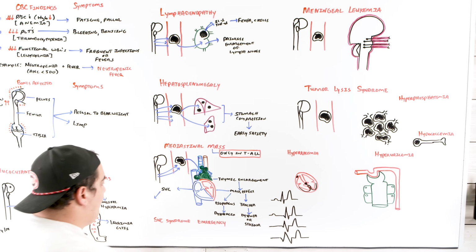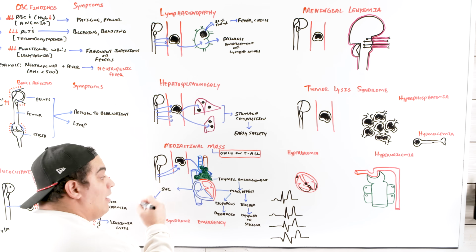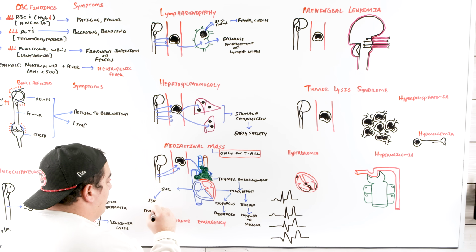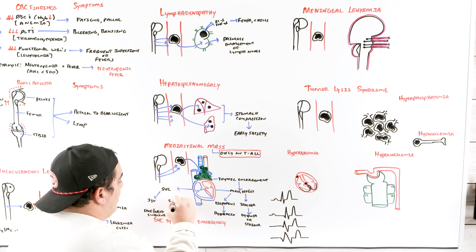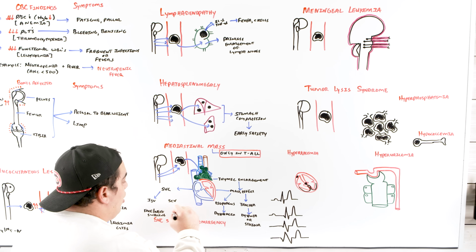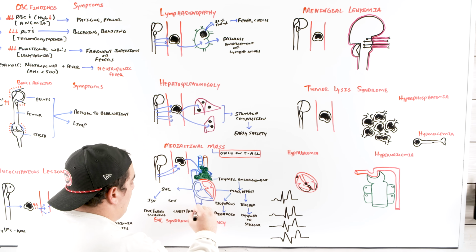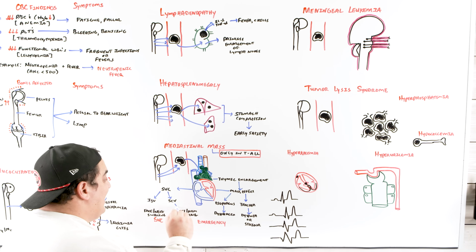So if it backs up into the internal jugular vein, that's gonna cause face and neck swelling. If it backs up via the subclavian veins, that's going to cause chest and arm swelling, right? Because blood backs up, and that's going to cause enlargement of the veins.